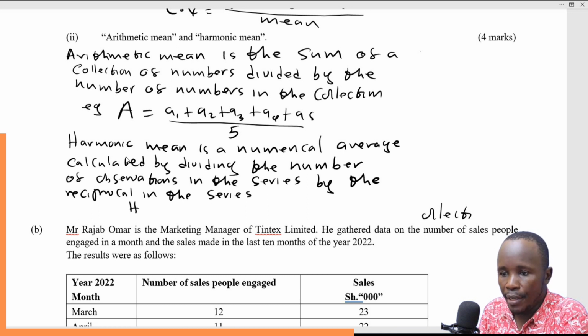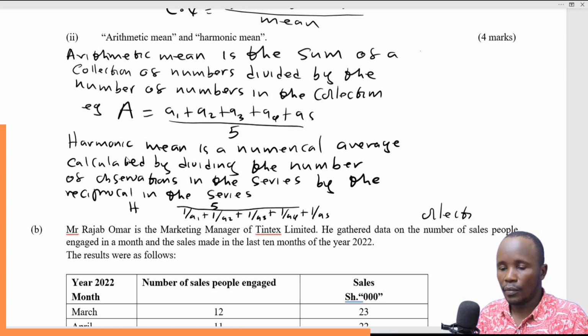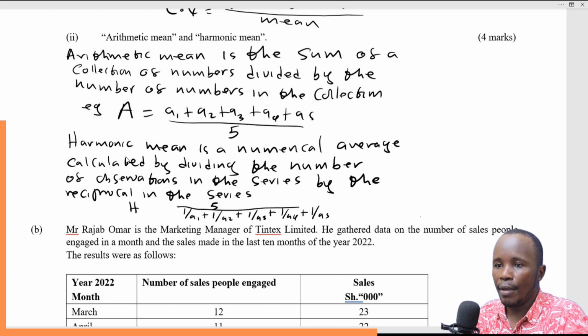So harmonic mean is 5 divided by 1 over A1 plus 1 over A2 plus 1 over A3 plus 1 over A4 plus 1 over A5. Now, that's what you are to do so that you could score all the marks.